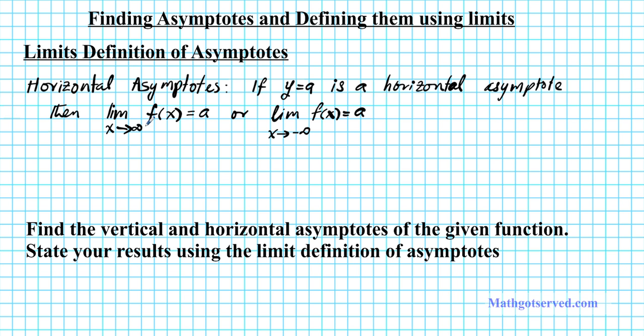So if going to infinity or negative infinity you get the value a as the limit of the function, then that finite value is your horizontal asymptote.